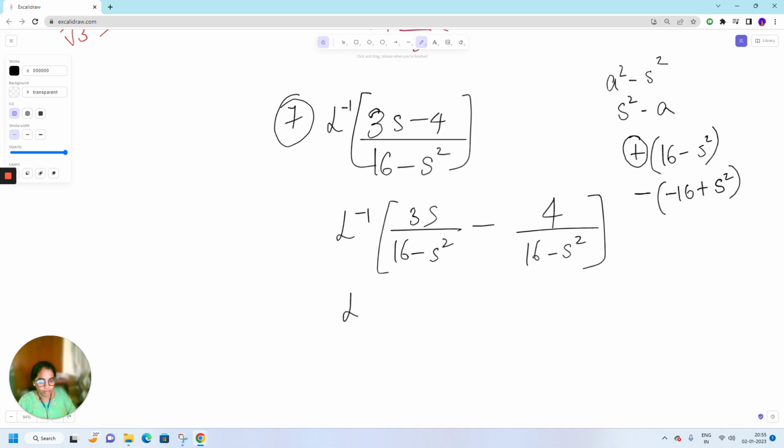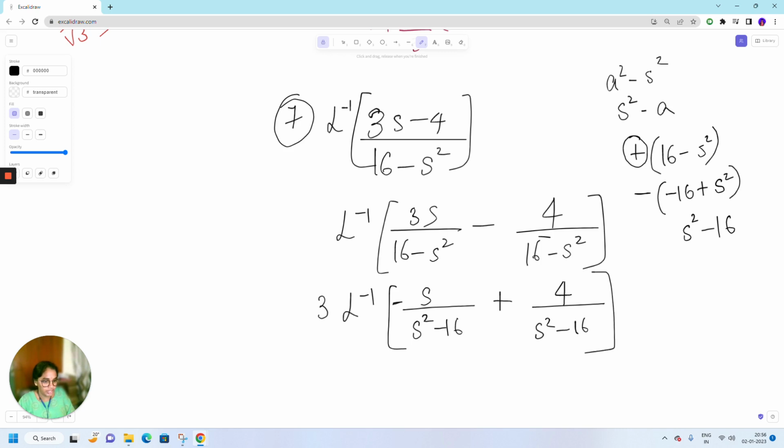So what would I have here? Laplace inverse of, I'll take out 3, it is a constant, s divided by, I have a negative sign, s square minus 16. I'll write it as s square minus 16. Here I have minus from the denominator, so it would become plus 4 divided by s square minus 16.